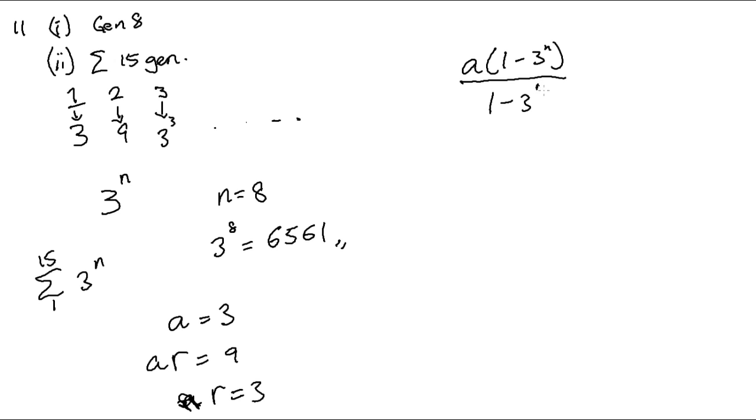So it's just R. This is the sum to n. And at this stage we have sum to 15, and so n is 15. And so the sum is 3 times 1 minus 3 to the power of 15 divided by 1 minus 3.